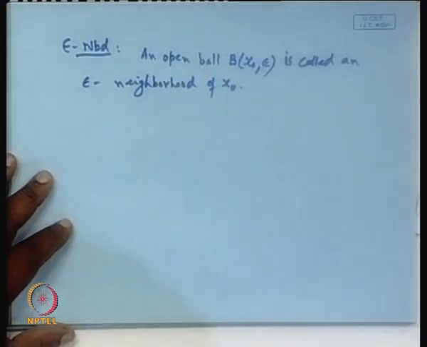So, the set of all the points whose distance from x naught remains less than epsilon, that collection we call an epsilon neighborhood of x naught.